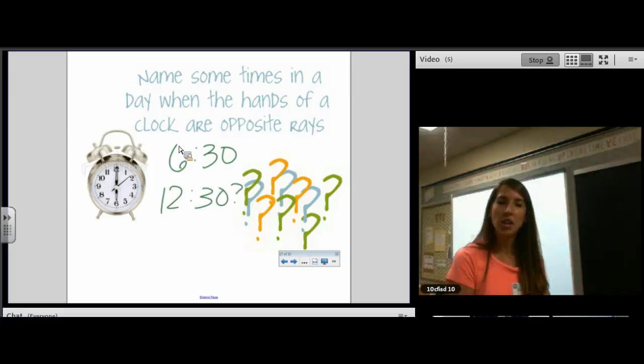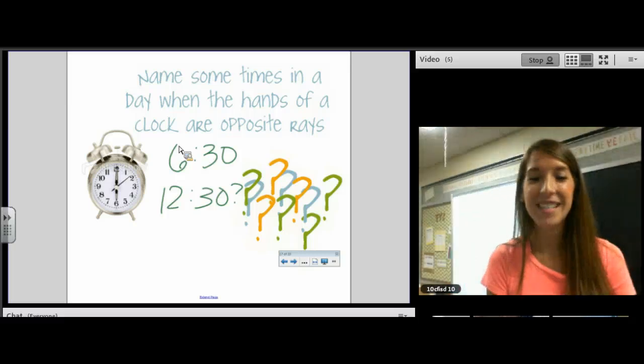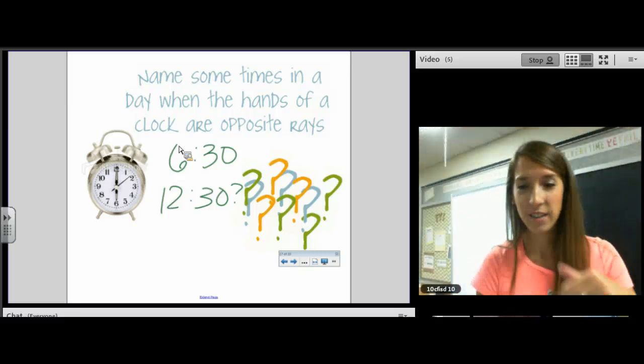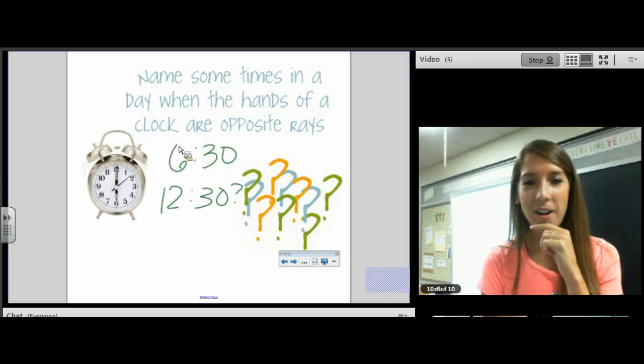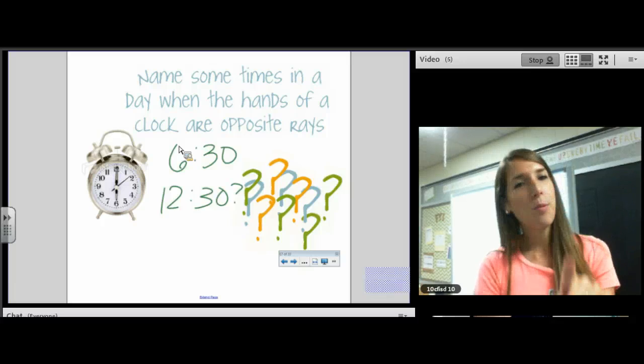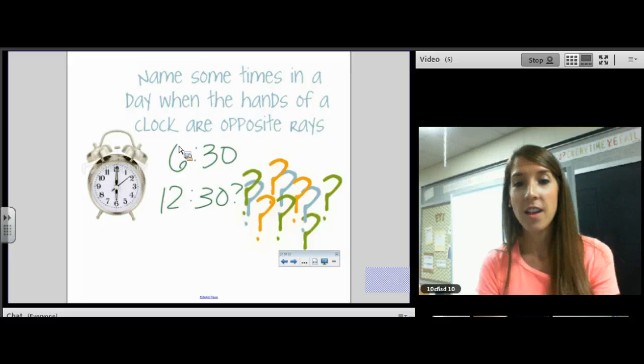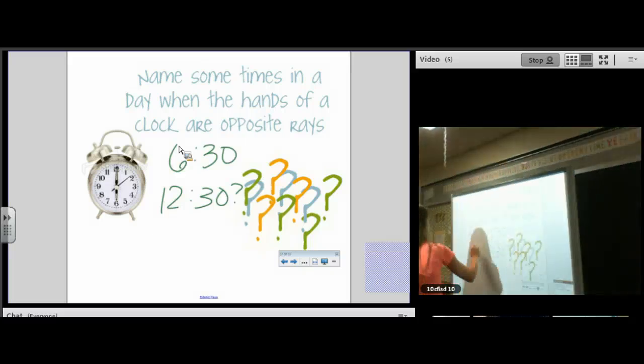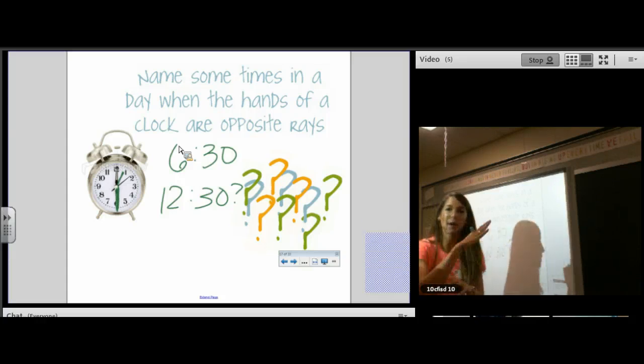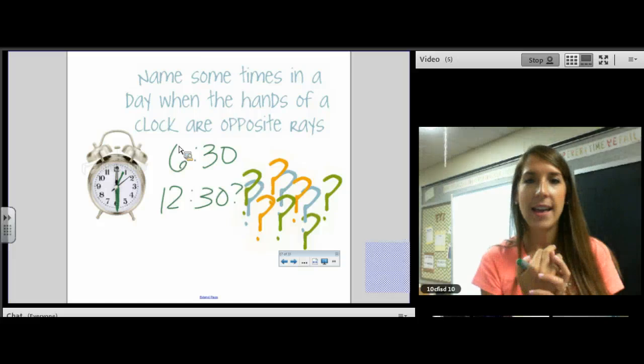Does anyone want to argue 12:30? Some of you are saying correct answers. I see you. When it's 12:30, I agree that the minute hand is right here, but the hour hand would be halfway between 12 and 1 because the hour hand creeps over as time goes by.